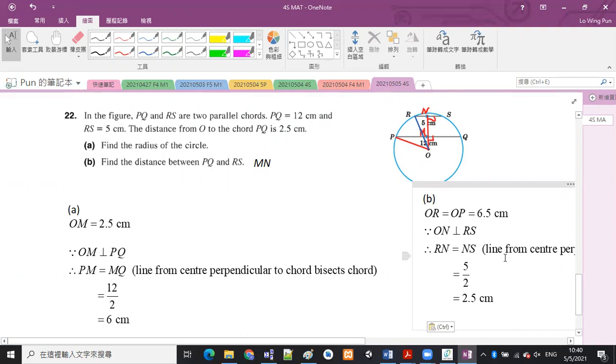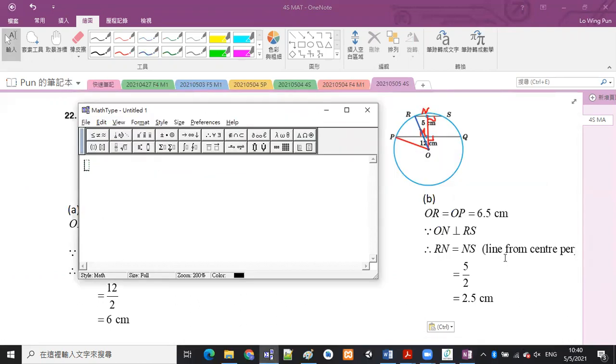So we have OR to be 6.5, RN to be 2.5, and then we will focus on triangle ORN. 6.5 square is equal to 2.5 square plus ON square. Okay, and this is Pythagoras theorem.